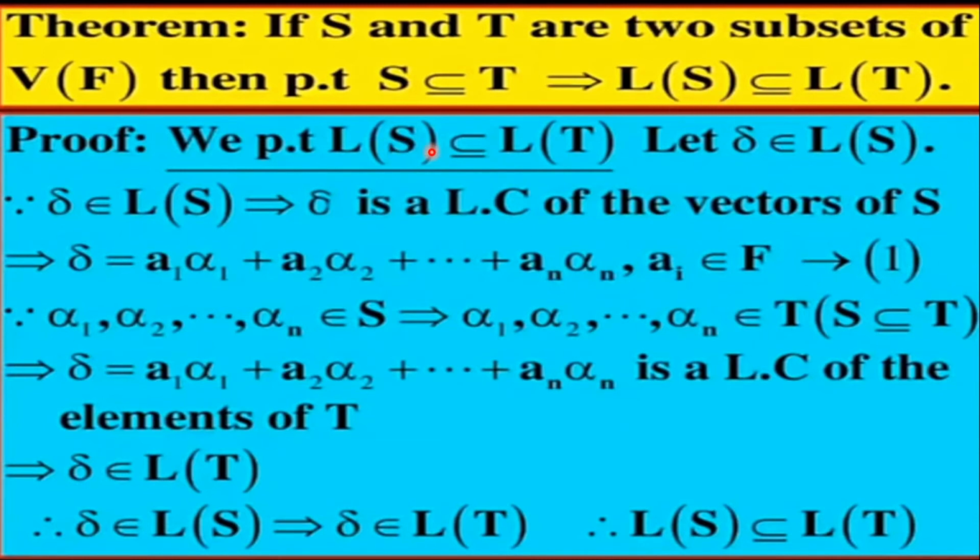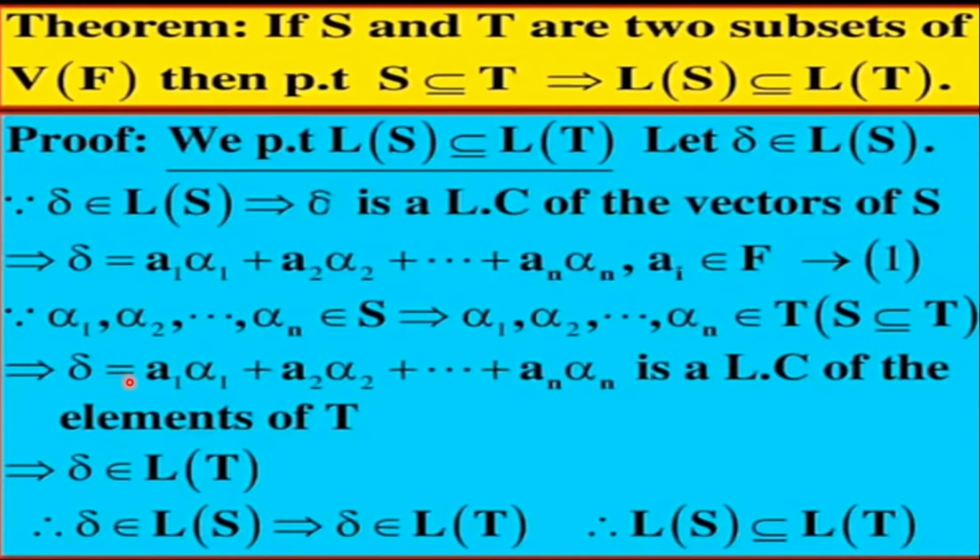To prove that L of S is a subset of L of T means every element of L of S is an element of L of T. Take an element delta in L of S. Since delta is an element of L of S, delta can be written as a linear combination of the vectors of S. That gives delta equal to a1 alpha 1 plus a2 alpha 2 plus and so on plus an alpha n, where ai belongs to F, meaning a1, a2, an are elements of F. Since alpha 1, alpha 2, alpha n belong to S, that gives alpha 1, alpha 2 and so on alpha n belong to T, because S is a subset of T.